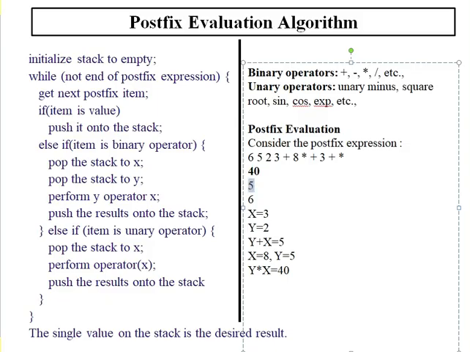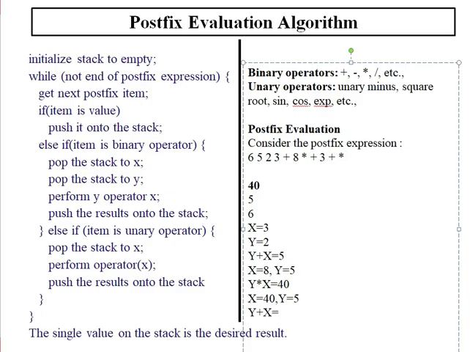It's not 5. 40 is the top. Again the next is plus. So as it is binary, again we should pop x as 40, then y as 5. Then applying the operation y plus x, which is equal to 45. Now we just popped the 2, the 6, so 45 is pushed again.